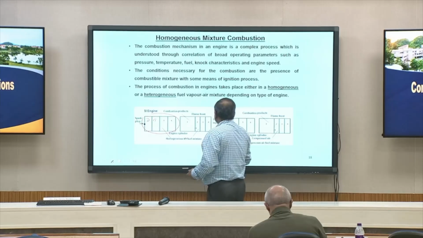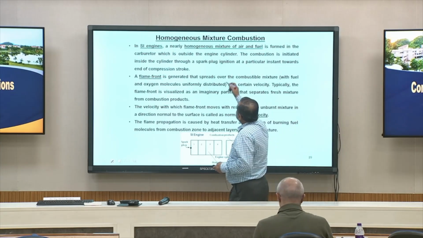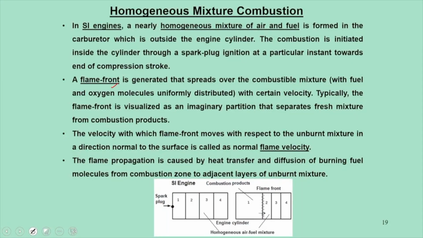Slowly it is moving in that direction. In IC engine terms we call this a flame front, which propagates in the cylinder with a flame velocity. This is nothing but our SL, and this flame propagation is caused by heat transfer and diffusion burning of the fuel molecules from the adjacent layer of burnt mixture.